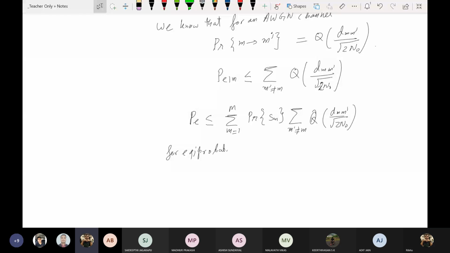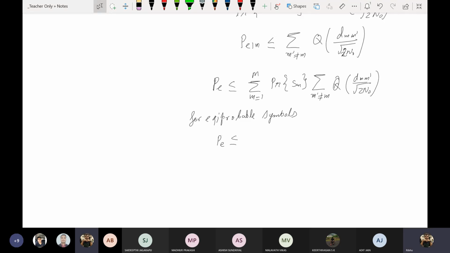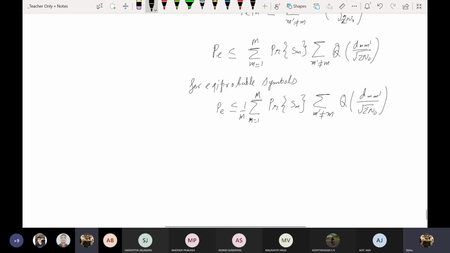So for equiprobable symbols, m times 1 over m is simply the summation of 1 over m from m equal to 1 to capital M. Now the question is, can we simplify this further?